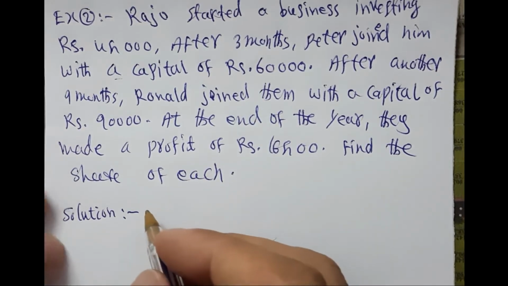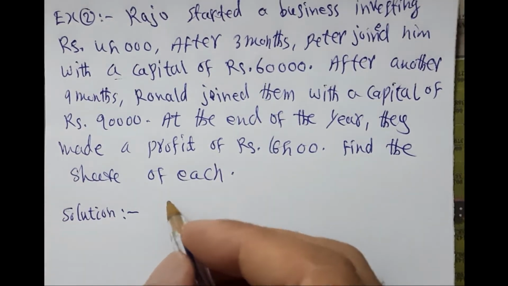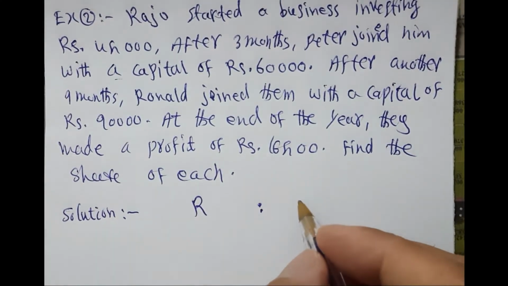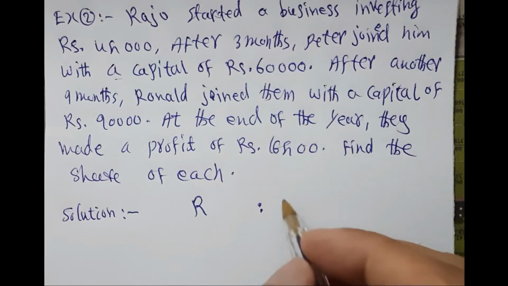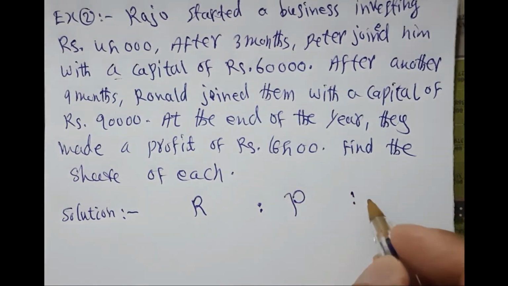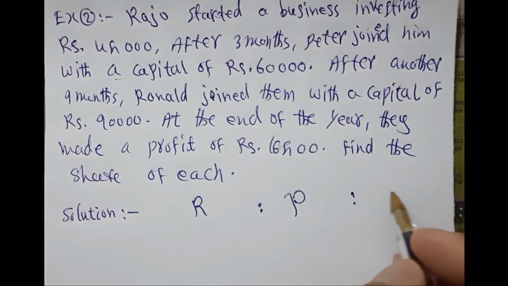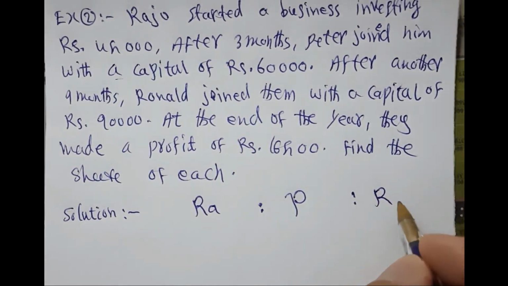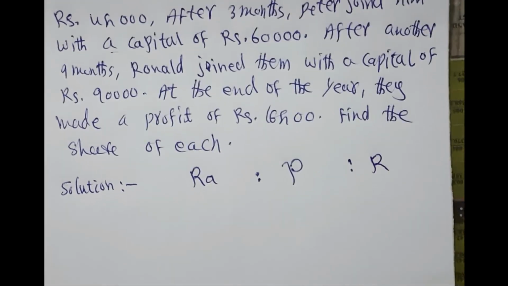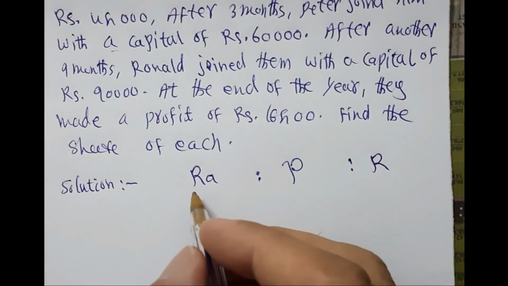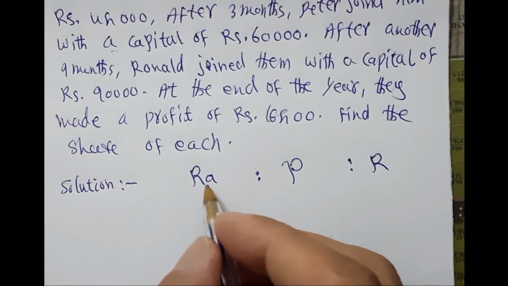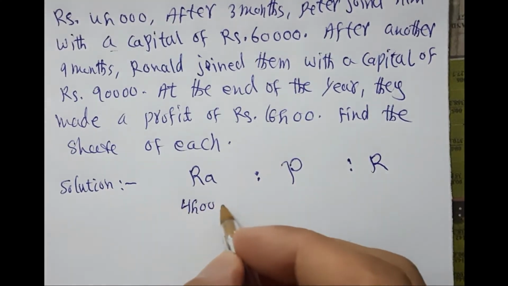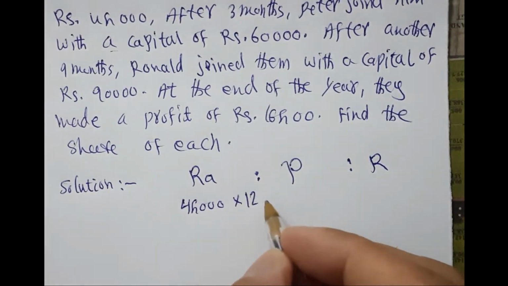Now we want to find that. Here we have Raju, colon, Peter, colon, Ronald. The capital of Raju is 45,000, multiplied by 12 because he worked 1 year, 12 months.